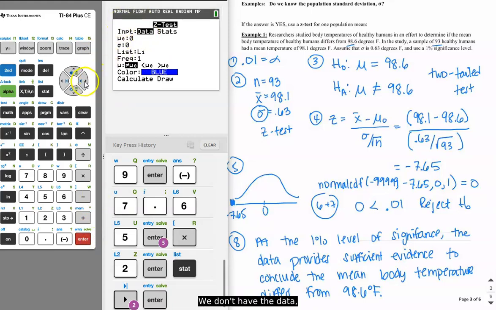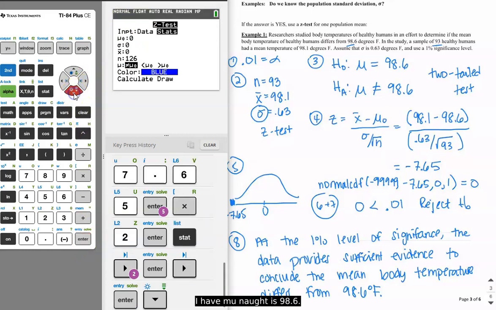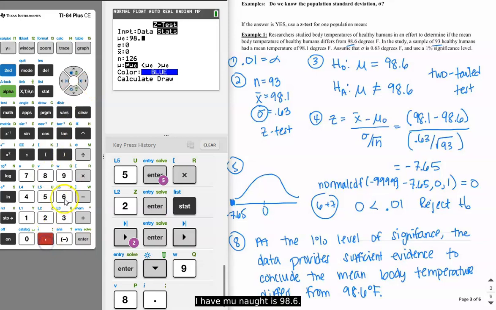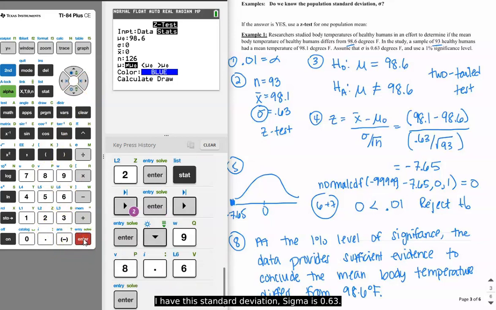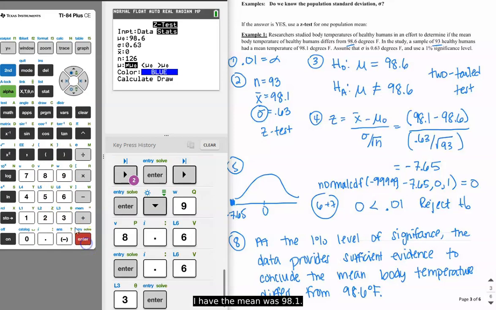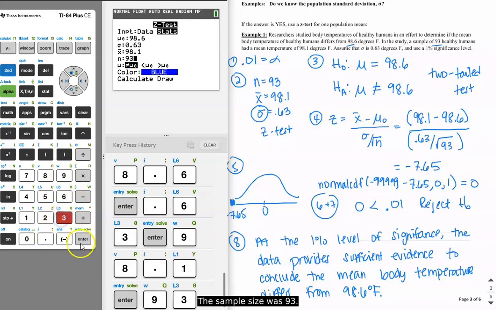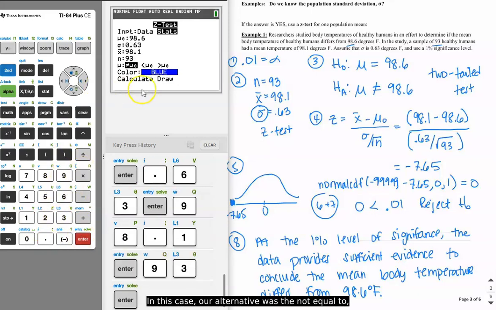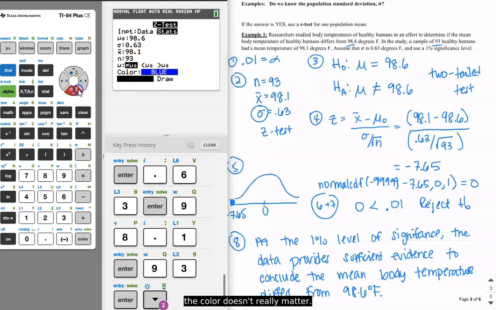We don't have the data, we just have the stats. So mu naught is 98.6. Sigma is 0.63. The mean was 98.1. The sample size was 93. And in this case, our alternative was the not equal to. The color doesn't really matter.